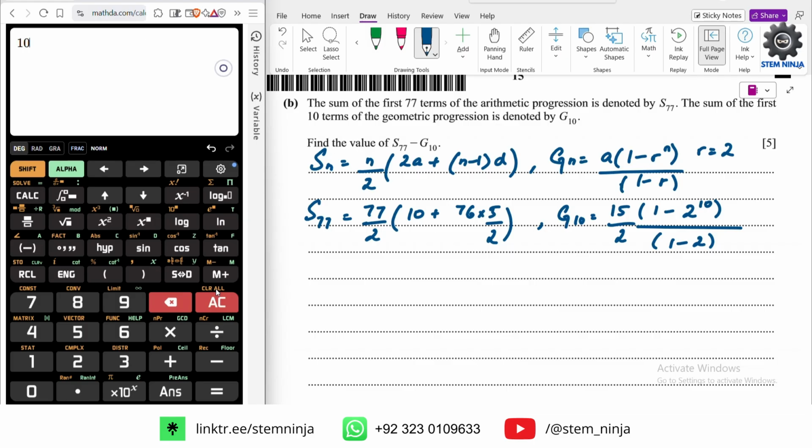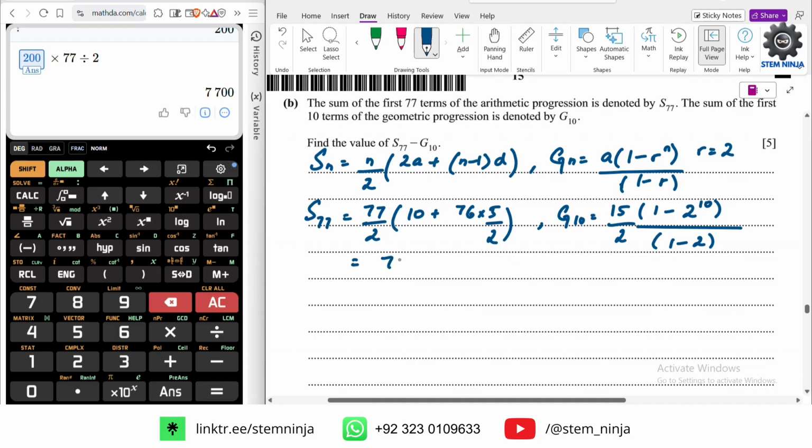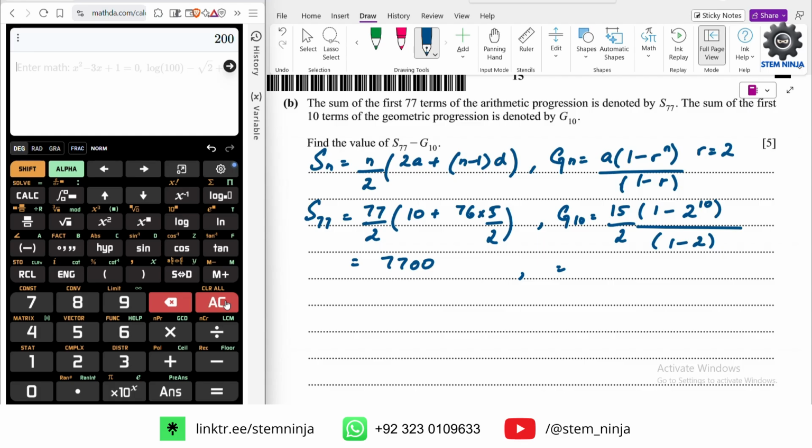So 10 plus 76 times 5 divided by 2, times 77 divided by 2. This is 7700 over... Now we need this. So 2 raised to power 10 is 1024.